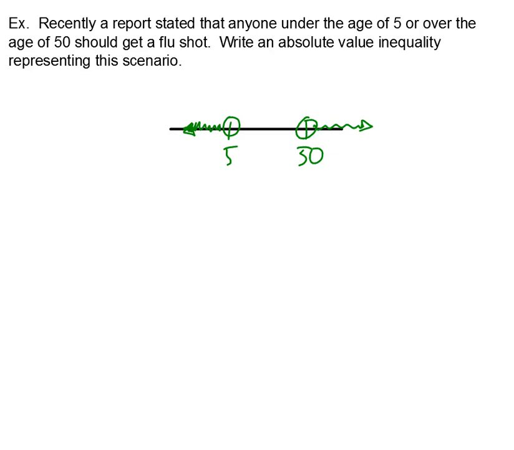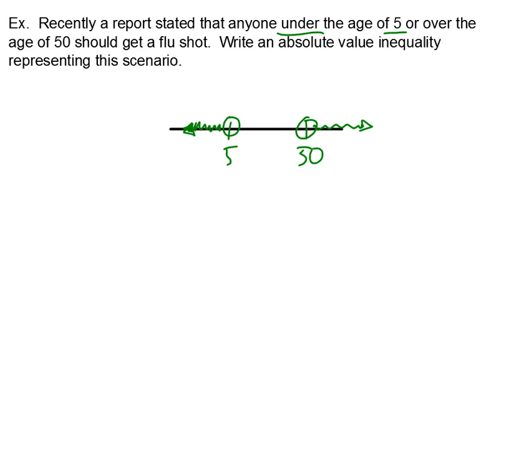Now, notice that it says under the age of 5. Should that include 5? In other words, should I color in the 5? I don't think so. Likewise, I shouldn't color in the 50.